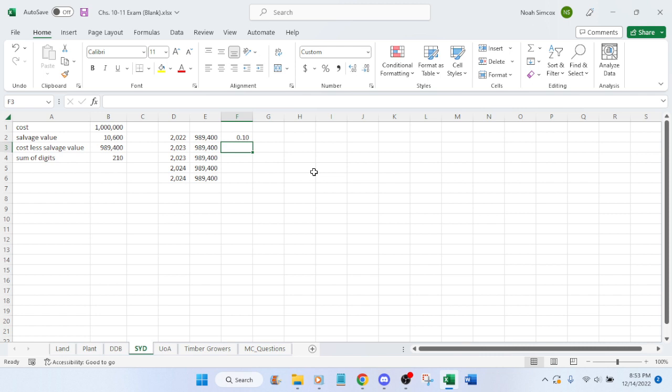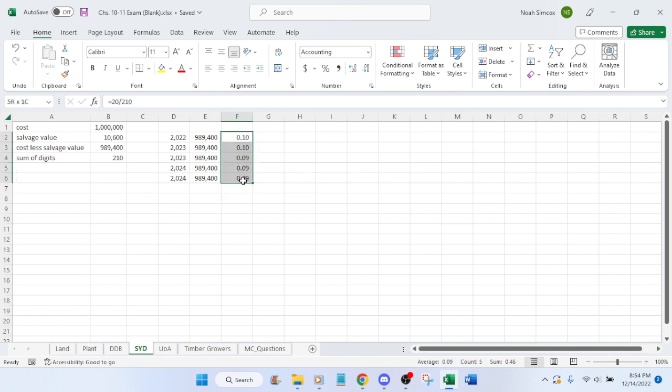The first two are year 1. The second two are year 2, which equals 19 divided by 210. And then 18 divided by 210. Save. So I got 10%, 10%, 9%, 9%, 9%.